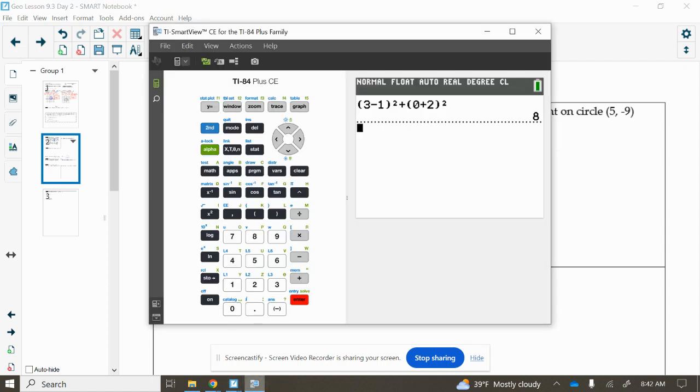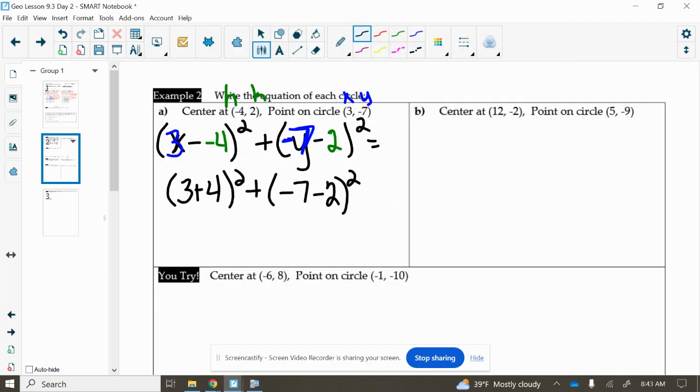And again, if we just type this in, 3 plus 4 squared plus negative 7 minus 2 squared, we get 130, which is the value of that radius squared, right? This is our r squared value that we can now plug in up here.